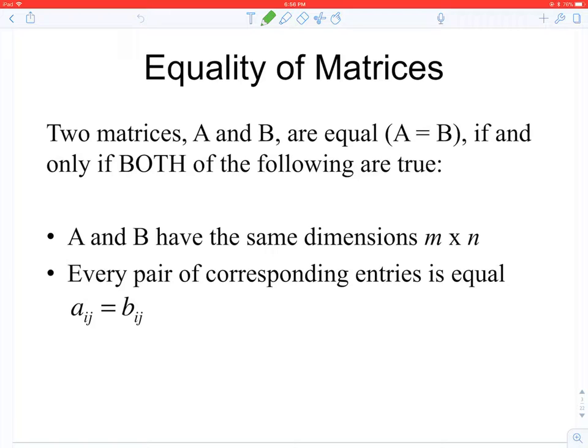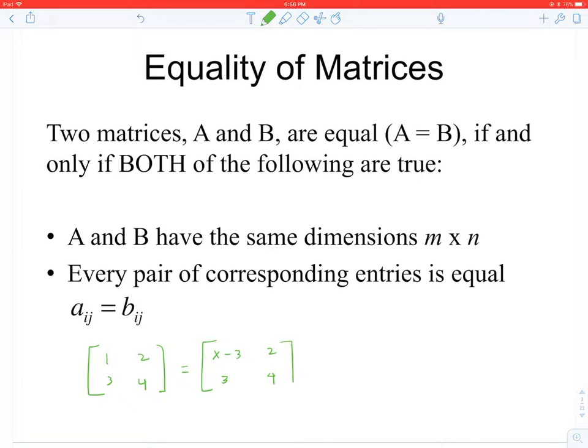So equality of matrices. Two matrices are basically equal if and only if both the following are true. A and B have the same dimensions, and every pair of corresponding entries is equal. So one type of question you might see is, let's say that I have the matrix 1, 2, 3, 4, and that's going to be equal to the matrix x minus 3.